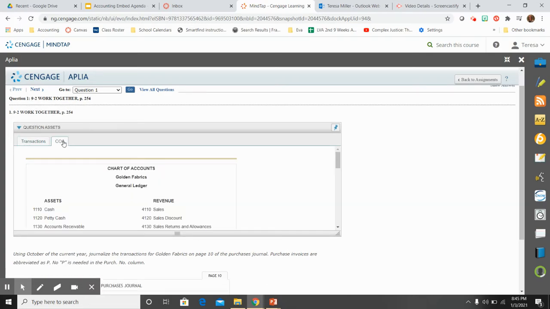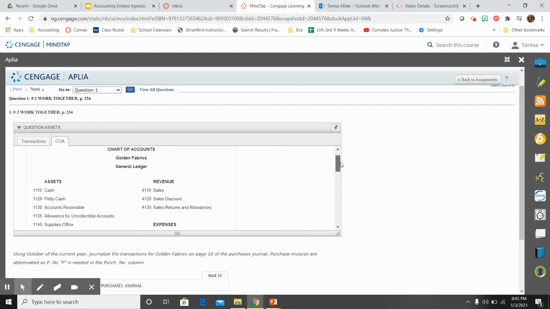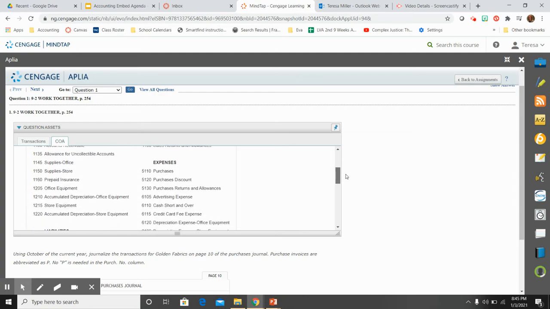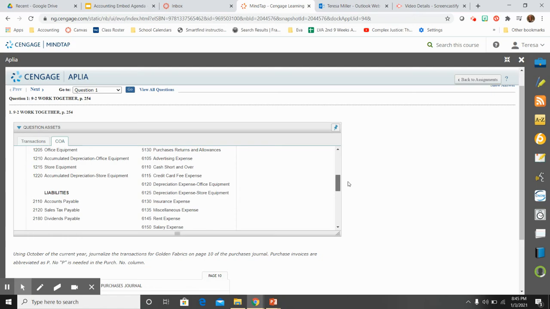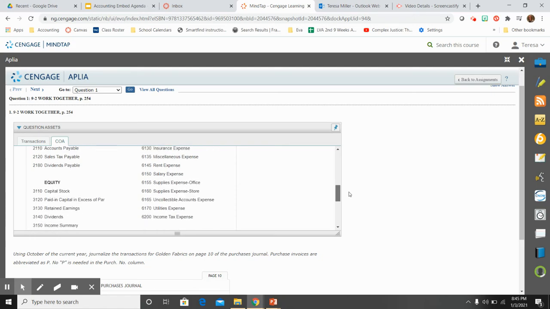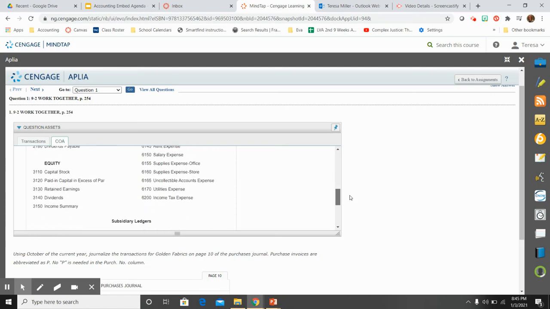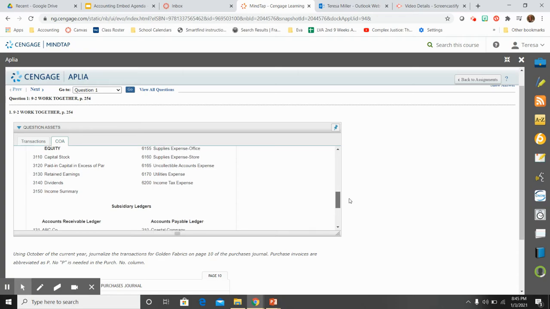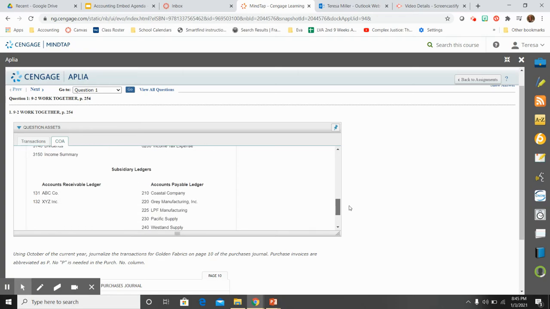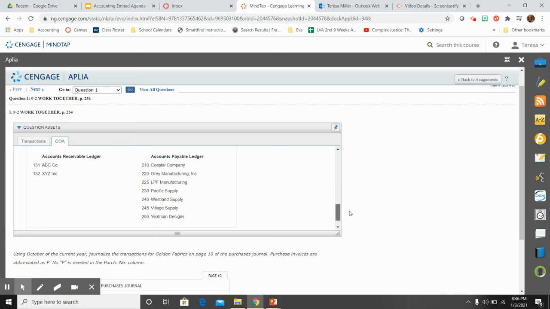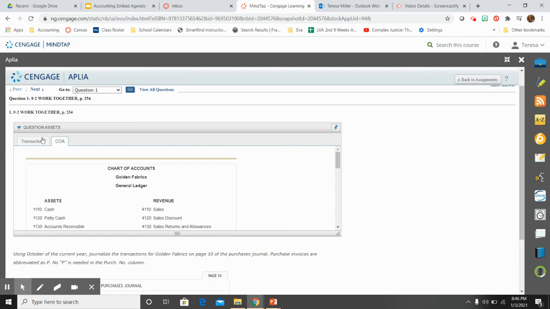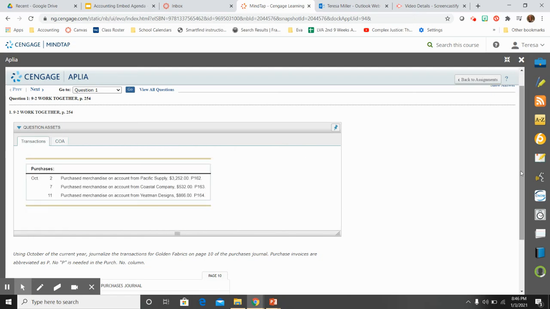You have your chart of accounts, and if you just go over that, it's a lot more detailed, with a lot more accounts than what you have been used to seeing previously. And I promise you, by the end of chapter 17, you're going to know what each one of those accounts means. Here are some of our subsidiary accounts. We are going to be working with these accounts right here in this problem. So let's go ahead and get started.